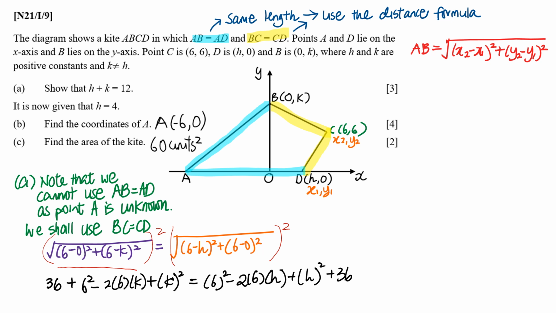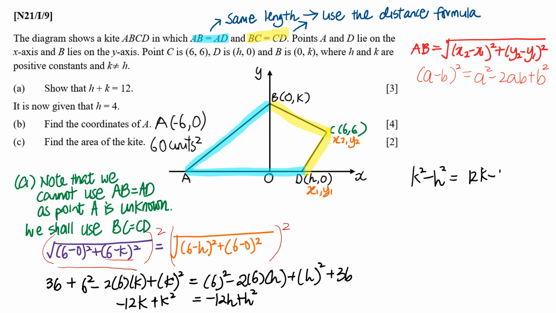And for this, we should use the algebraic identity, bracket a minus b squared, which gives you a squared minus 2ab plus b squared. Then the next step is just to rearrange it. So k squared minus h squared, you can factorize it.